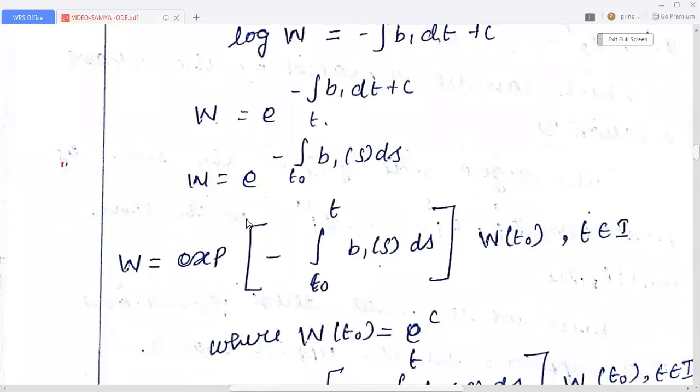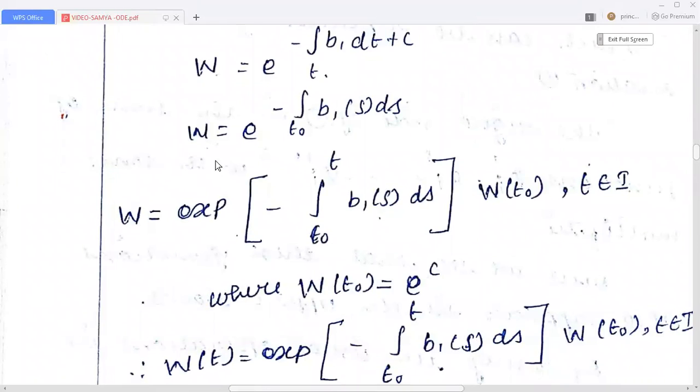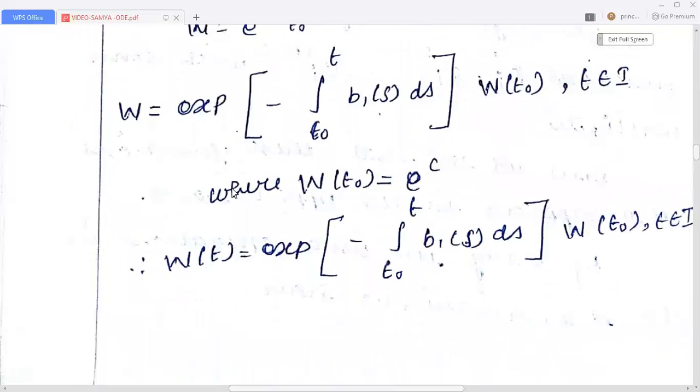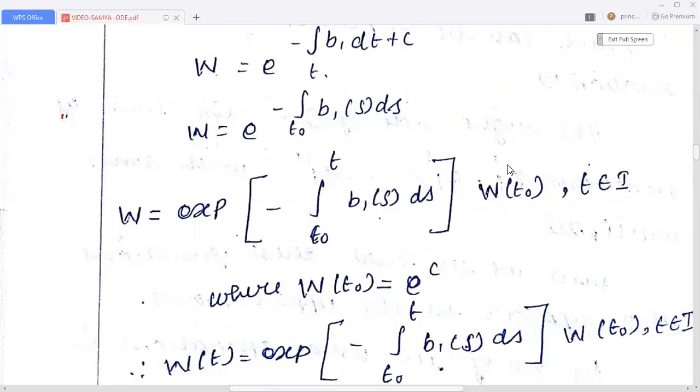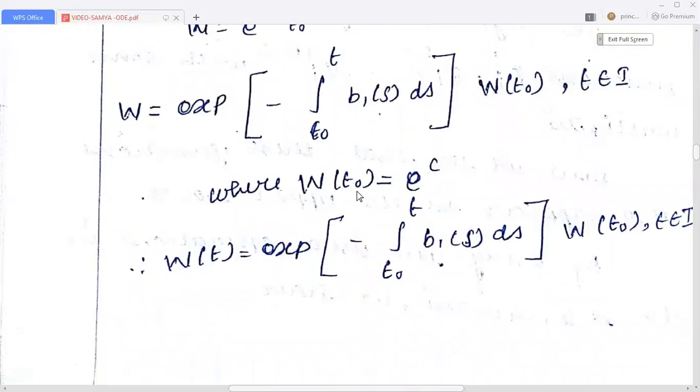So this can be written as w is equal to e power minus integral t naught to t b1 of s into ds, times w of t naught, which is a constant value, where w of t naught is equal to e power c.